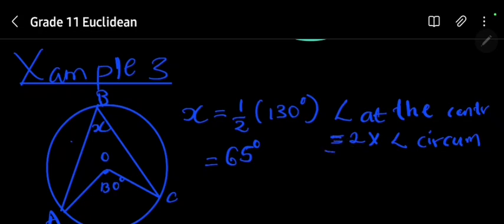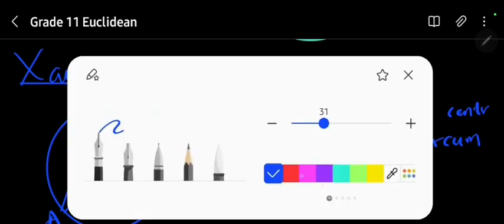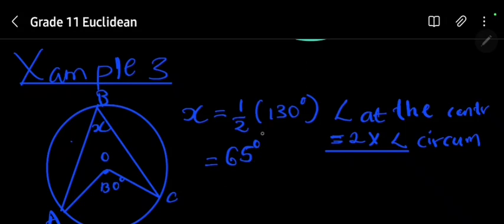I emphasize again this part here. This part might make you lose marks. So remember that it is equal to 2 times angle at the circumference. Now if they were to mark this for you, they would give you 1 mark for that and 1 mark for your reason. So reasons are very important, guys, very crucial.